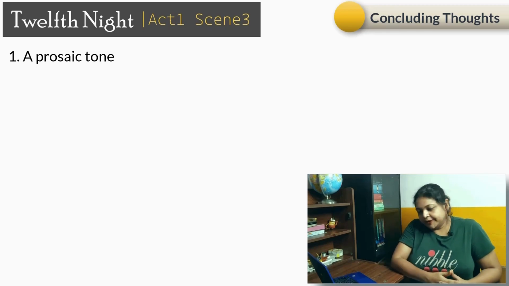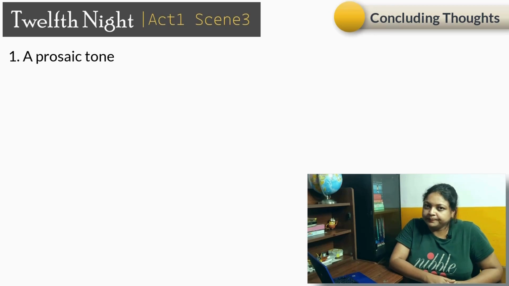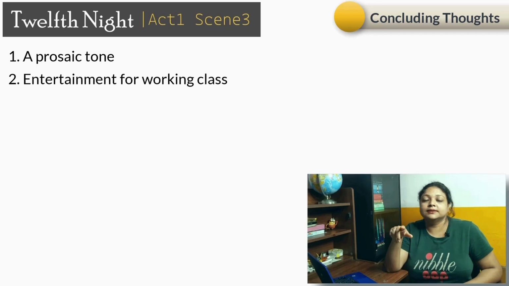Why is this necessary? Shakespeare was, above everything else, a very, very intelligent businessman. He was a producer of drama, and he knew what his audience wanted, because his audience, or his spectators, were not homogeneous. They were not one single kind of people.